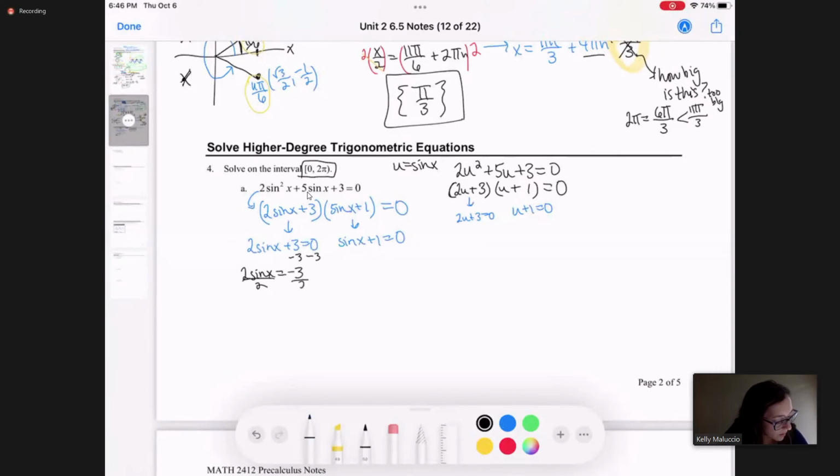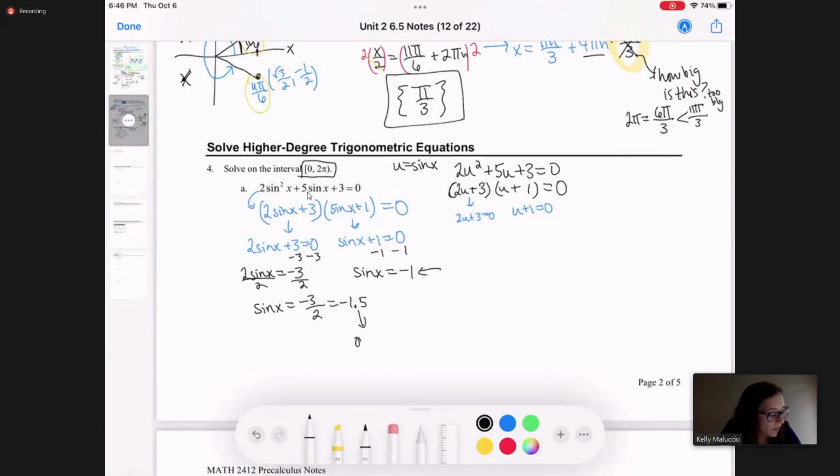Then I divide by 2, so I get sine x equals -3/2. And here I get sine x is -1 after subtracting 1 from both sides. Okay, I know that this is possible, and we'll figure out where that is. But -3/2 is the same thing as -1.5.